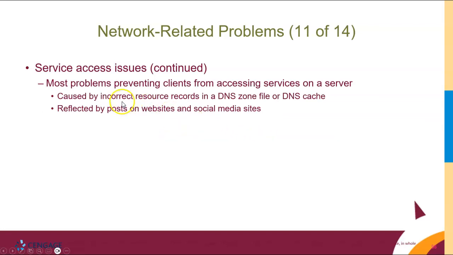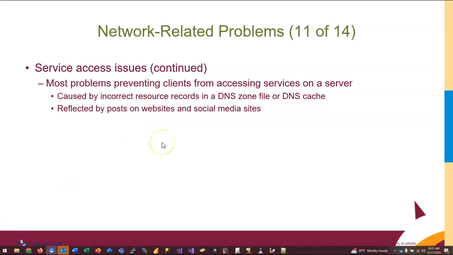So most problems preventing clients from accessing services on a server are caused by incorrect resource records in a DNS zone file or DNS cache, as reflected by posts on a website and social media sites.